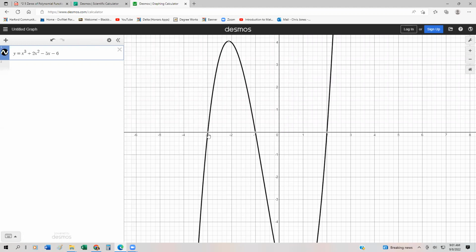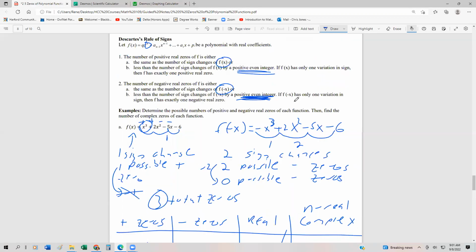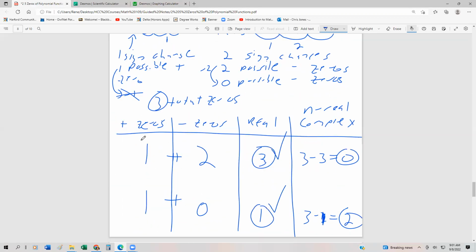It looks like we have 2 negative zeros and 1 positive zero. If we go back to our chart, that was one of the possibilities: 1 positive and 2 negative zeros. But again, that's what Descartes' rule of signs does. It tells us the number of possible real zeros and the possible number of complex zeros.